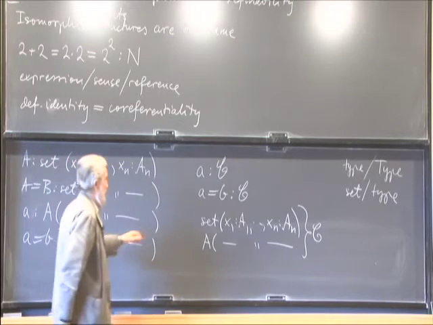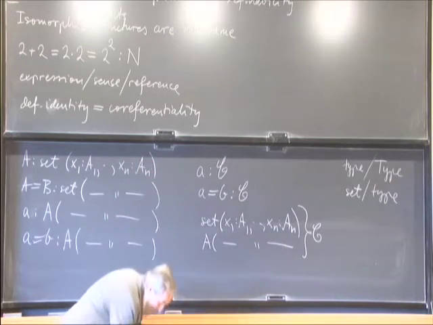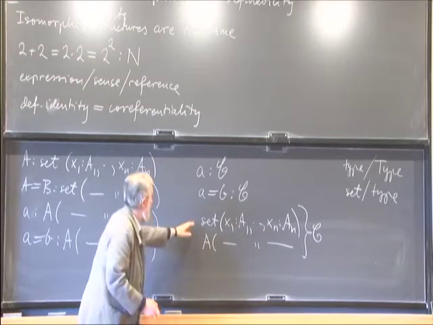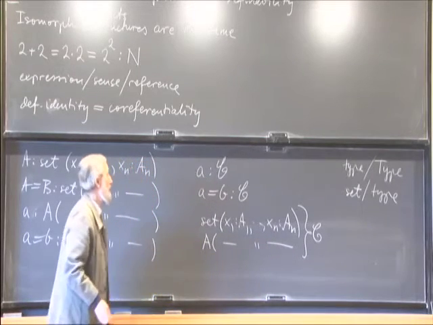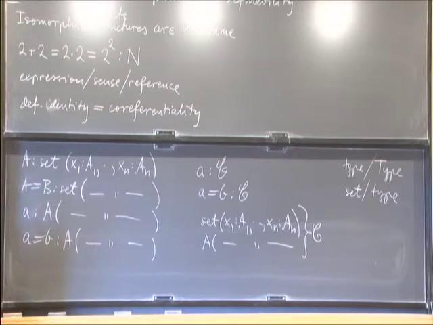In this case, explaining what it means for two dependent sets, respectively two dependent elements, to be identical.